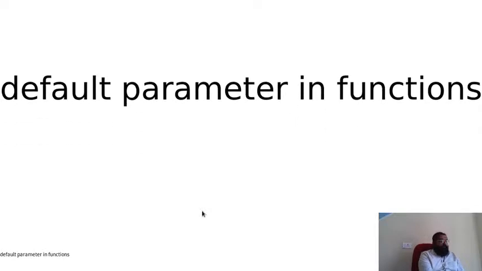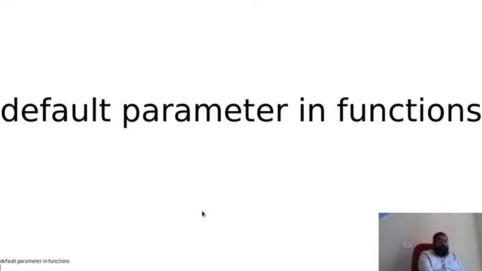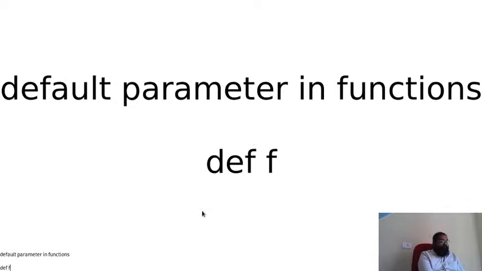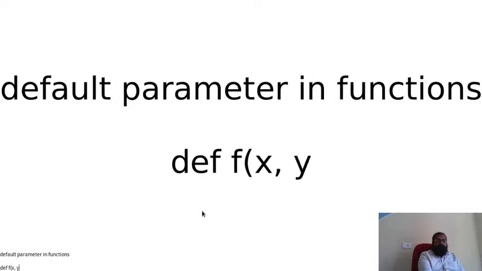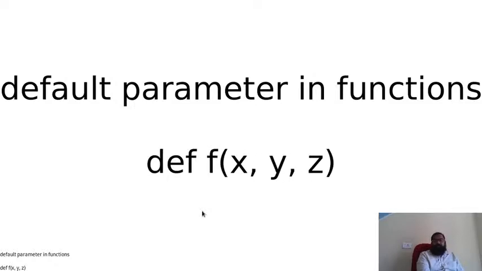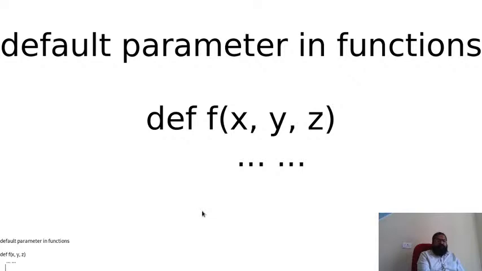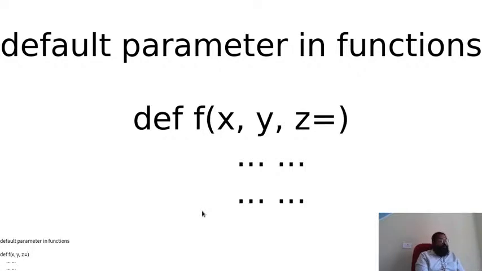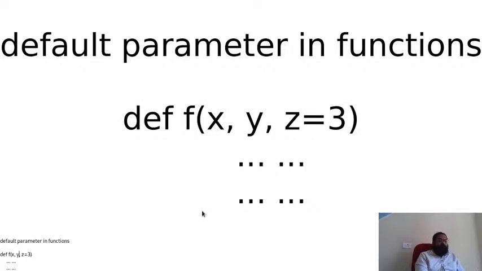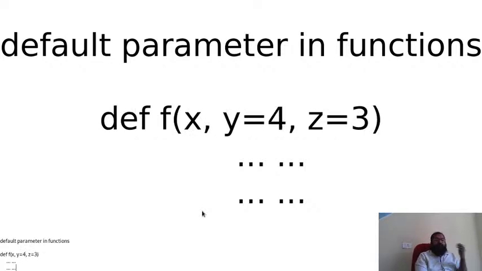Say I can define my function def f of x comma y, and I can write some statements that need to be executed when the function f is called. I can also do one thing, that I can mention z is equal to 3 and y is equal to 4 if I want.